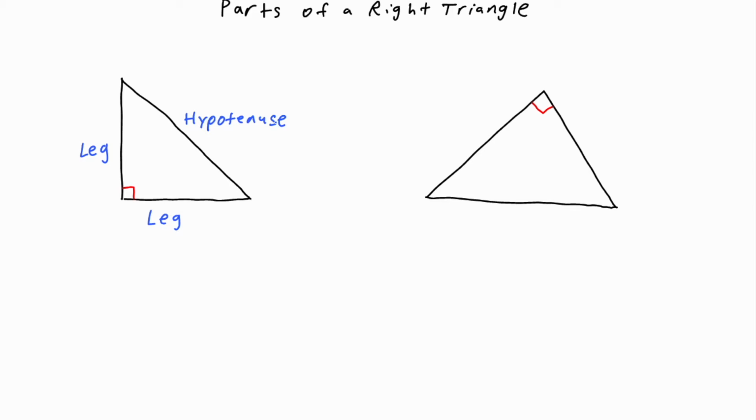And we also have 3 angles. We have the 2 acute angles and we have the right angle, which, if you remember, is 90 degrees. We won't talk too much about the angles except for the fact that we have a 90-degree angle, because that's what makes a right triangle.